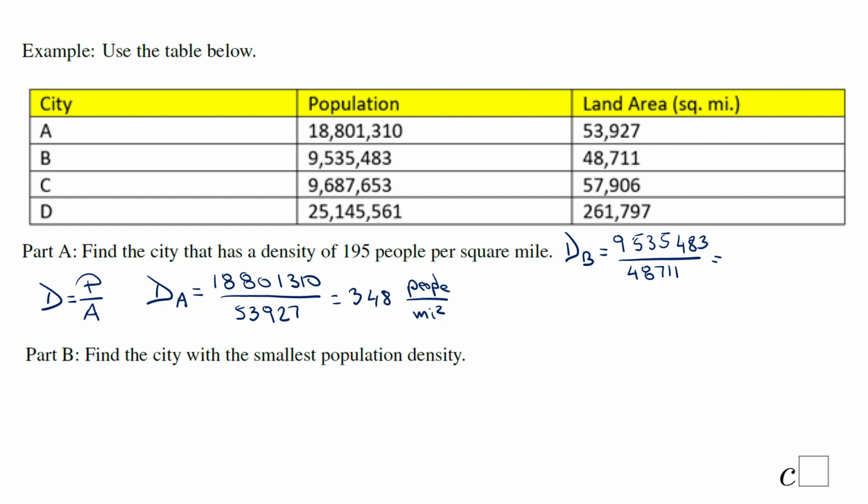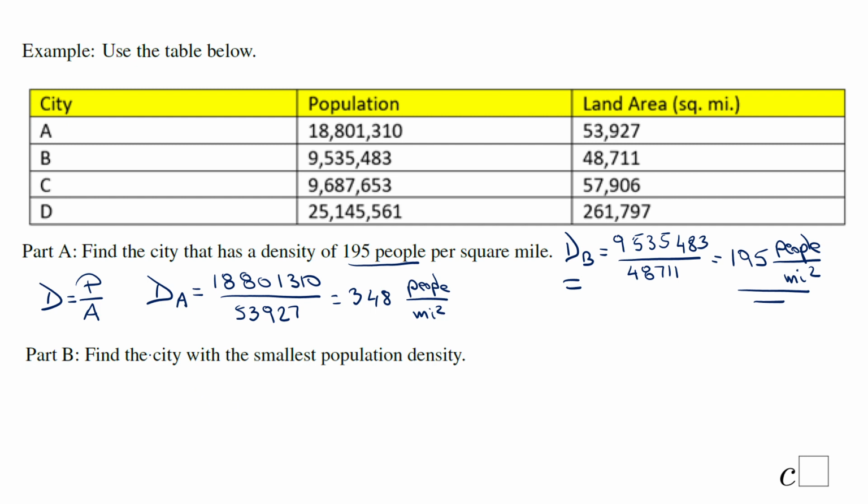Okay, I end up with 195 and some change, so I think this one is the answer. So city B has this density of 195 people per square mile.